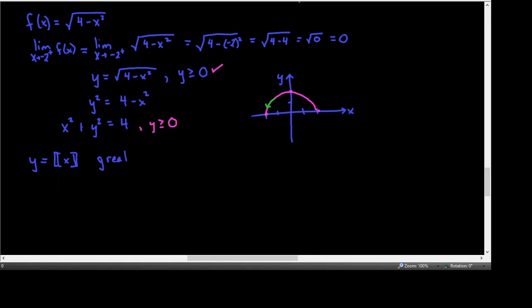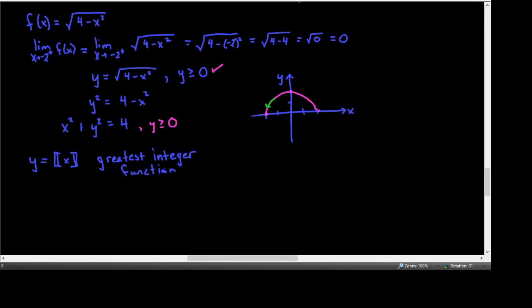And it's defined, let me write this down. This is the greatest integer function, is its name. Anytime something has a name like this, like parabola or circle or something, you probably ought to pay attention to all the named functions. Make sure you know how they're done.